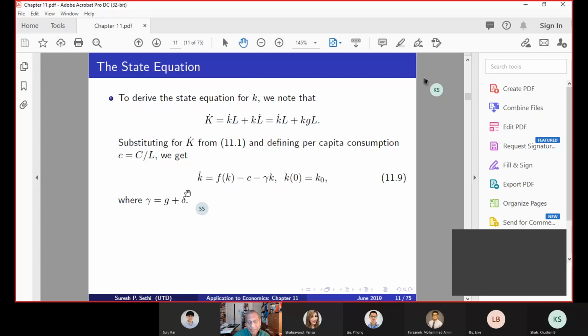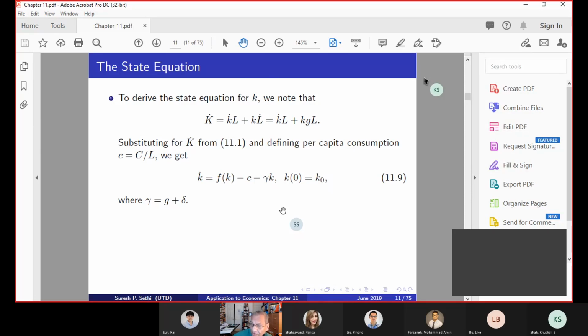The capital depreciates by rate delta. But the per capita capital will depreciate more than by rate delta, because population is growing. So the per capita capital is decreasing by G because of the population growth.